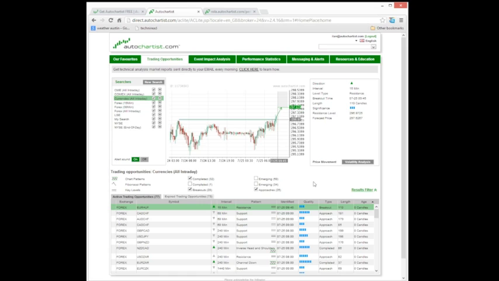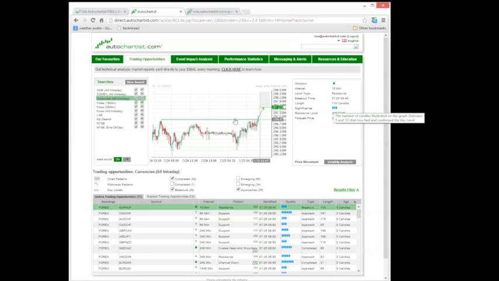Now, let me tell you what we've actually seen at Autochartist. We have seen that if a price doesn't hit its forecast level within 1/3 of the pattern length, there's a strong likelihood that it's going to move the other way. So in this instance, this is 110 candles, and 1/3 is approximately 35 candles.